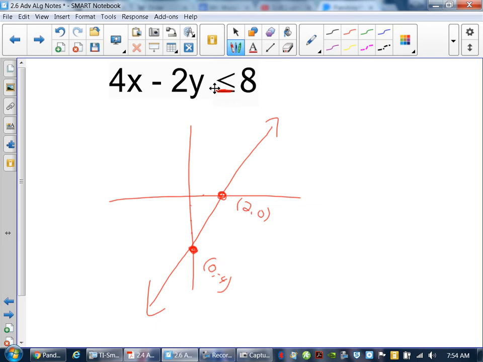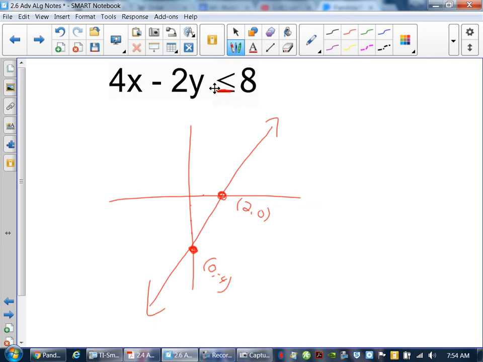Now, just like a number line problem cuts the number line half on one side, half on the other, you have half of all your possible solutions above the line and half below the line. What you need to do is determine which side you have to cover up the truth.